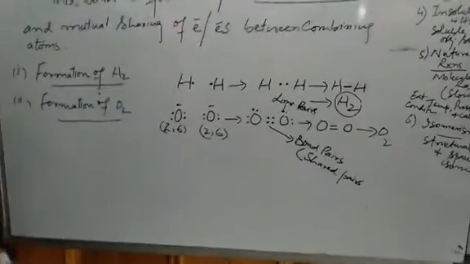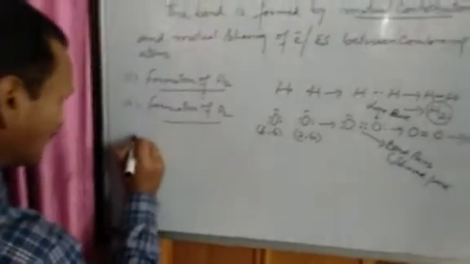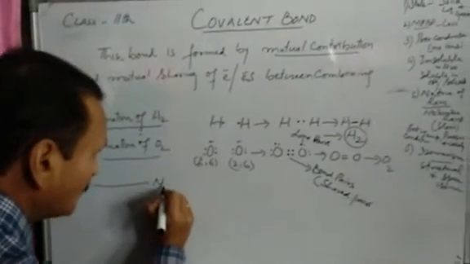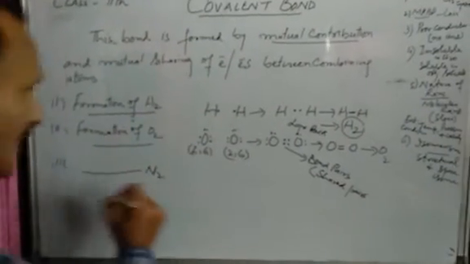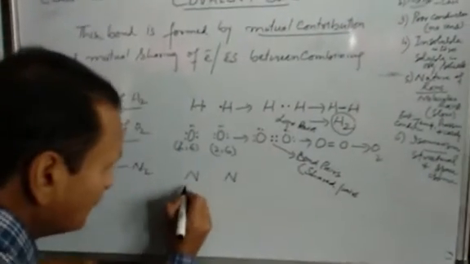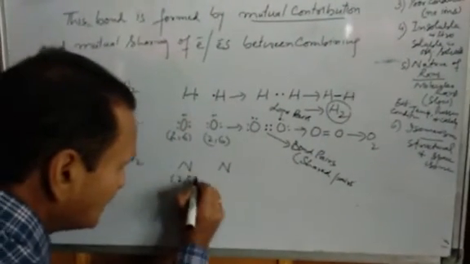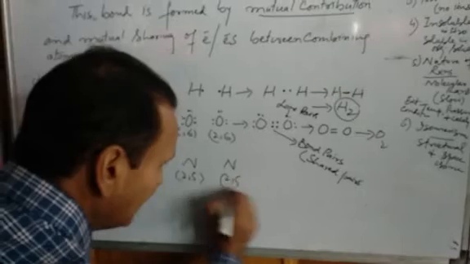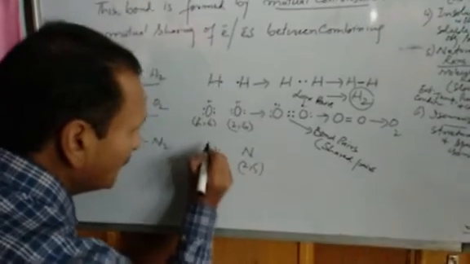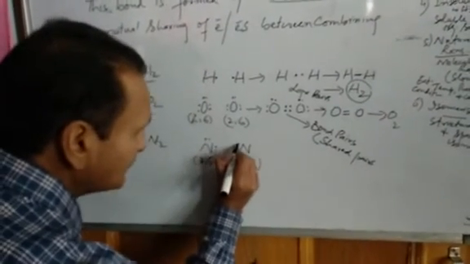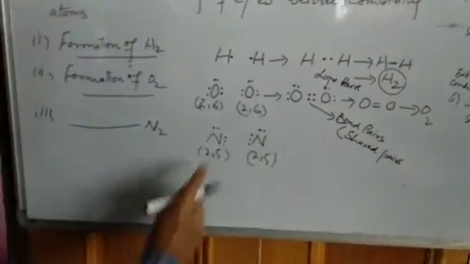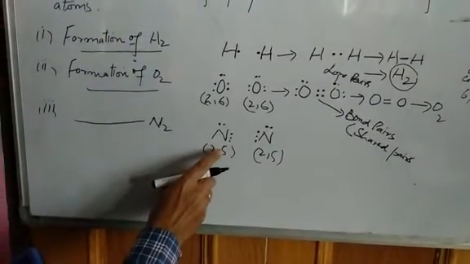This is another example. Then coming to one more example, formation of the N2 molecule, that is nitrogen. Now see here, two nitrogen atoms, atomic number 7, with this electronic configuration, and same is the case here. How many valence electrons? 5: 1, 2, 3, 4 and 5. Same will be the case with this nitrogen atom. Now see, how many electrons are required by this? 3.